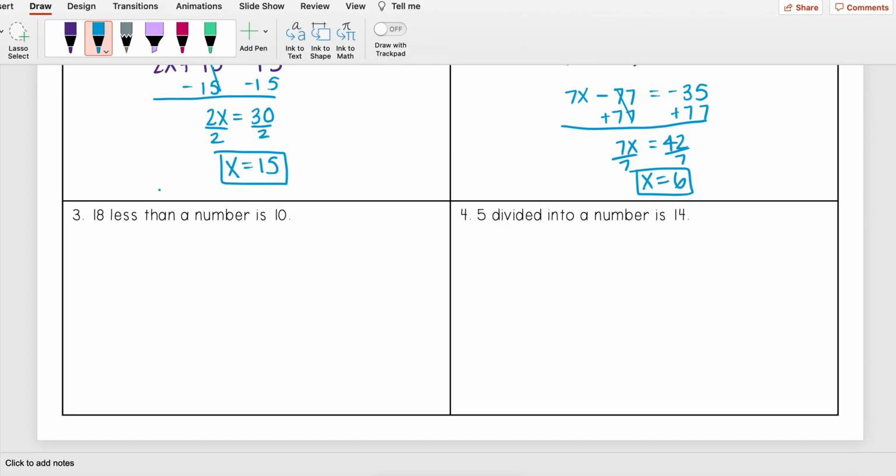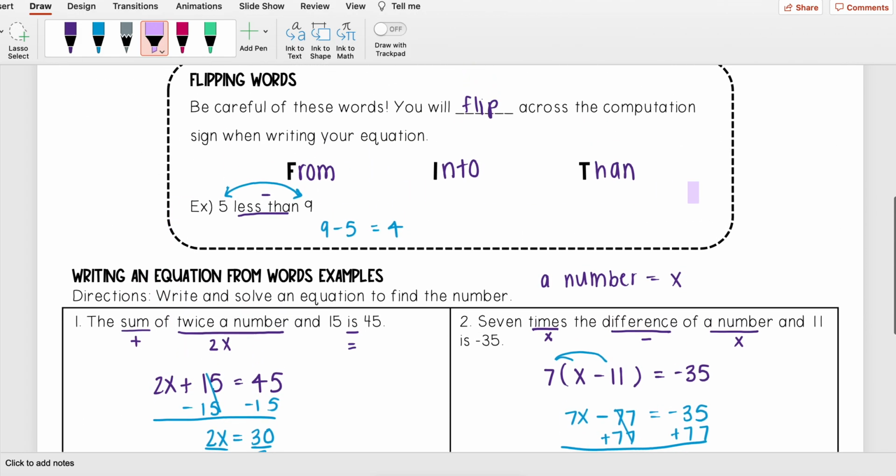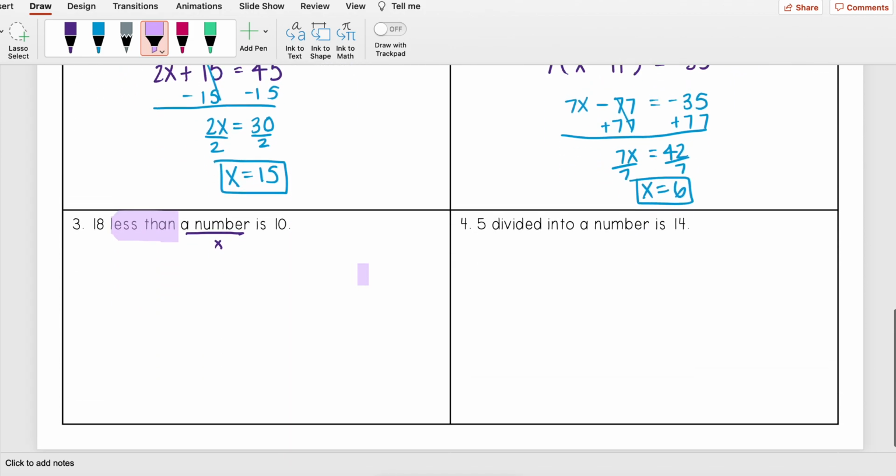Okay, number 3 says 18 less than a number is 10. So I know a number is x. And then I have less than. And that than is one of my flip words. So that means I'm really going to be swapping these places when I'm writing my equation.